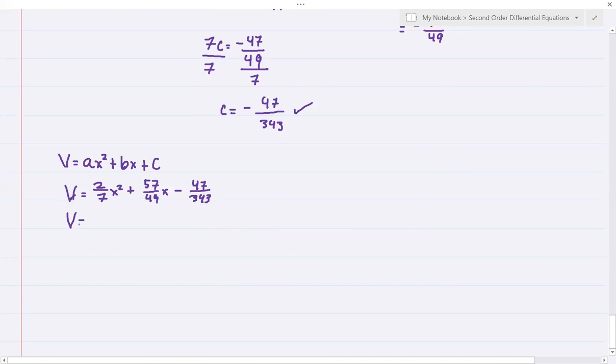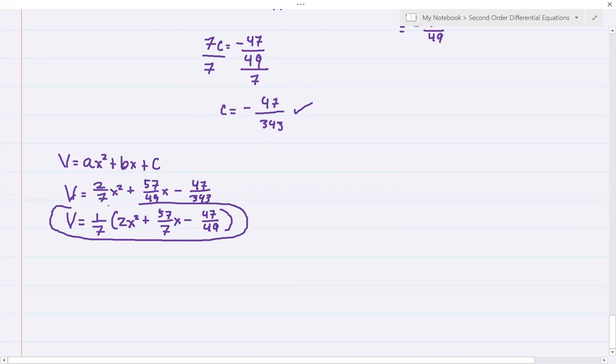So we can have V is equal to 1 all over 7 times 2x squared plus 57 all over 7 x minus 47 all over 49. So we can have this as your V function.